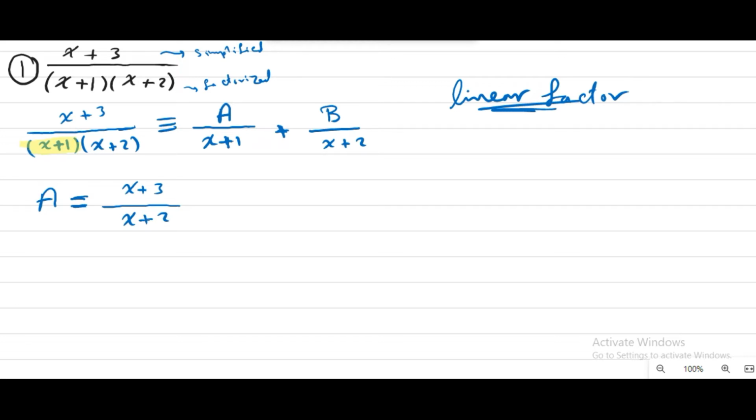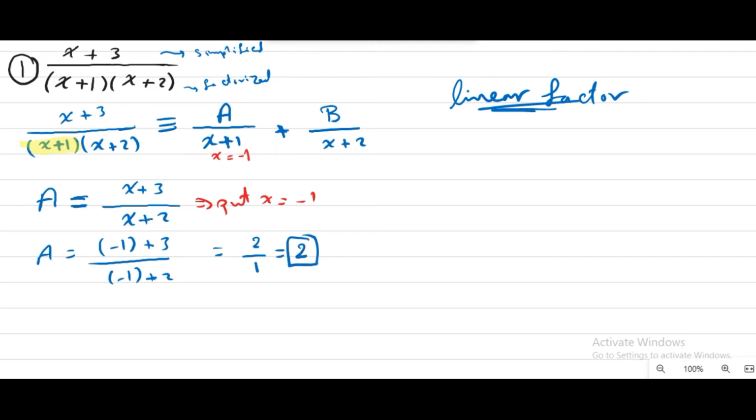This factor equals 0 when x equals negative 1. So in this expression put x equal to negative 1. The value of A will be (negative 1 + 3) over (negative 1 + 2), equals 2 over 1, equals 2. This is the value of letter A.